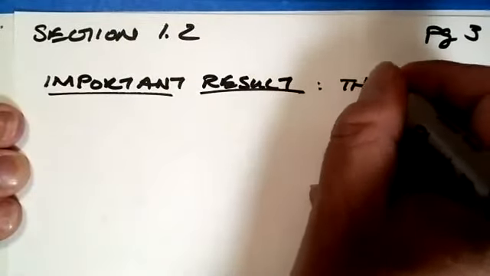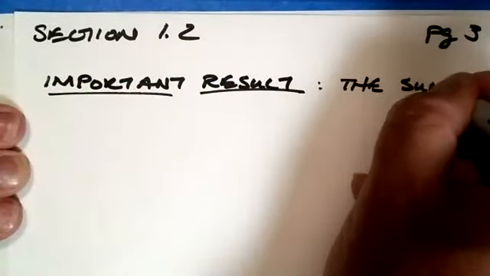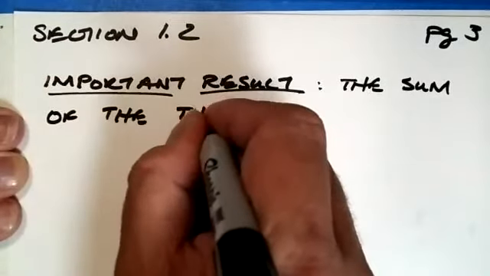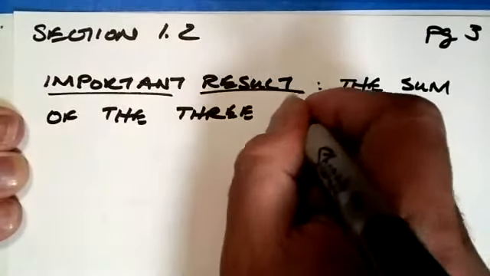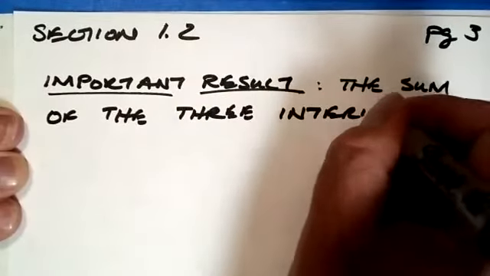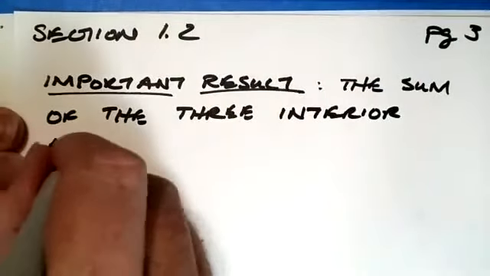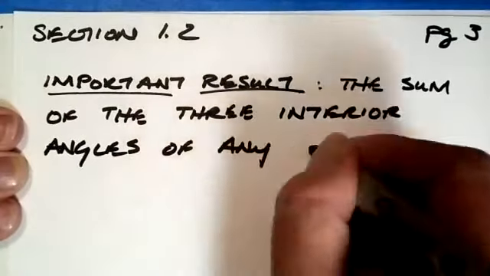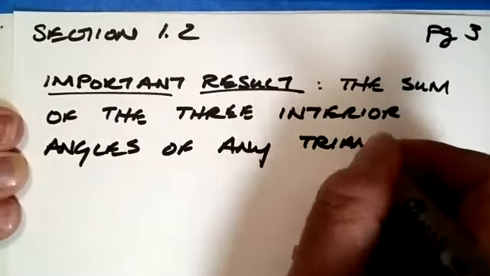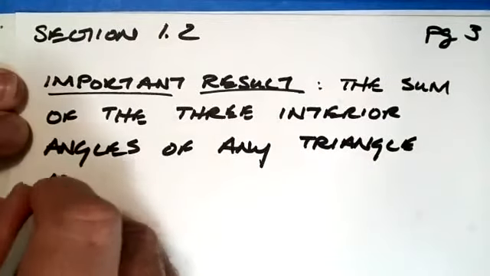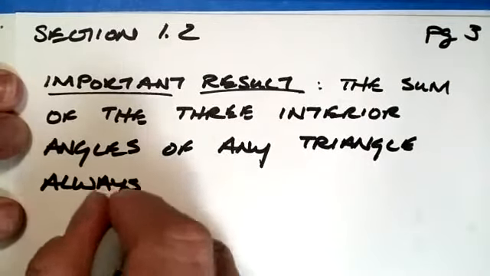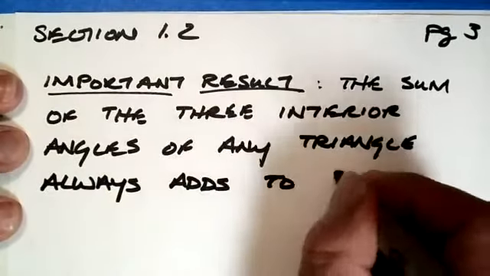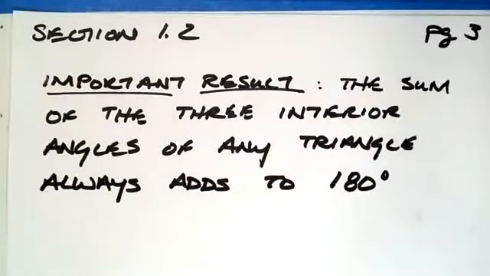The sum of the 3 interior angles of any triangle always adds to exactly 180 degrees, okay?